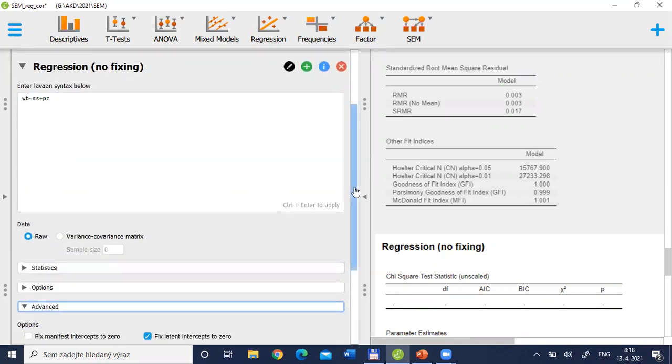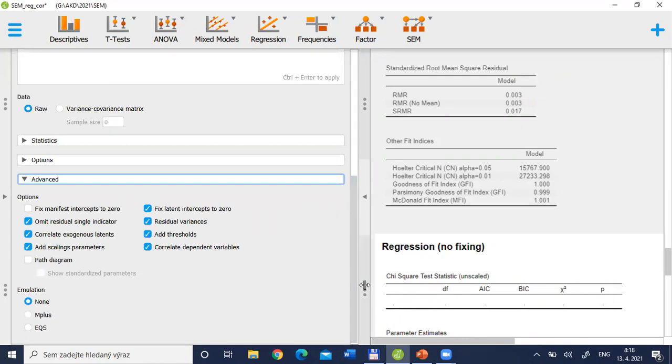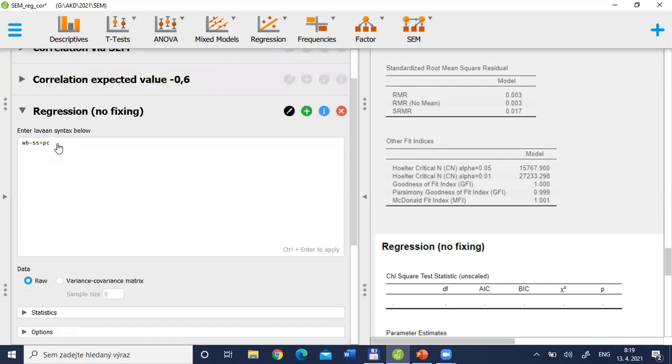If you would like to see the picture, you can ask here for a path diagram. To run the model, you need to click into this big window for lavaan syntax, and Control plus Enter is the correct run command.